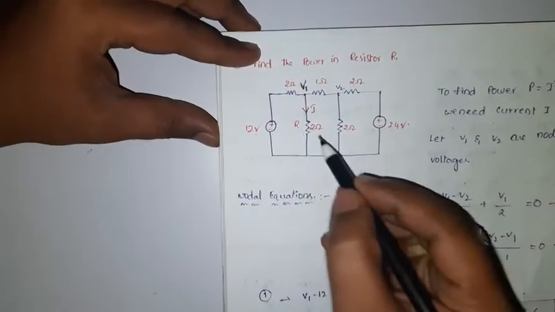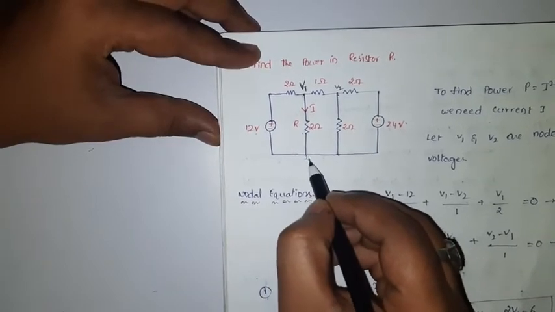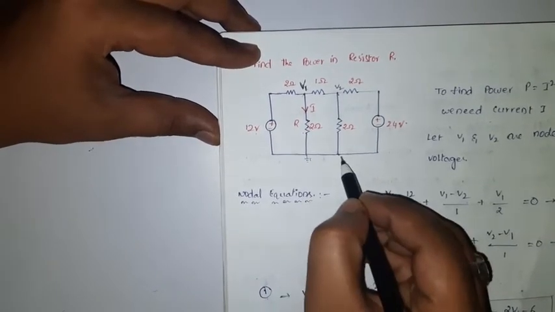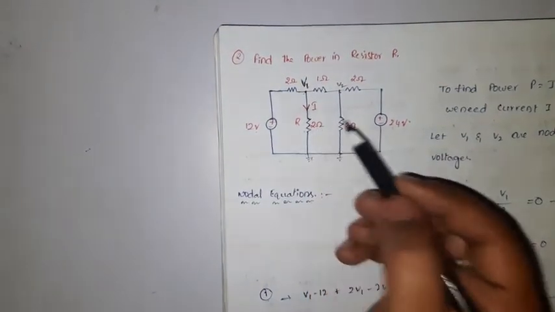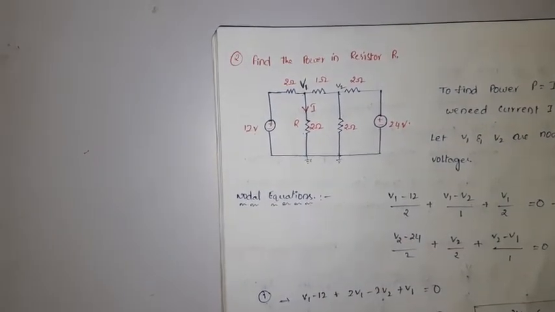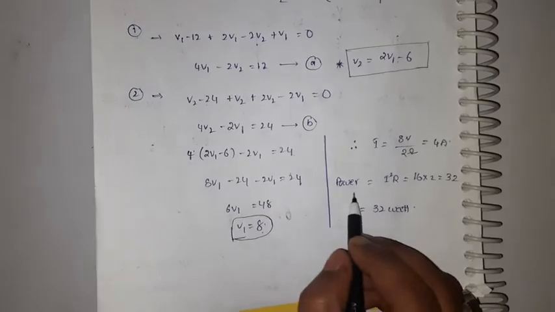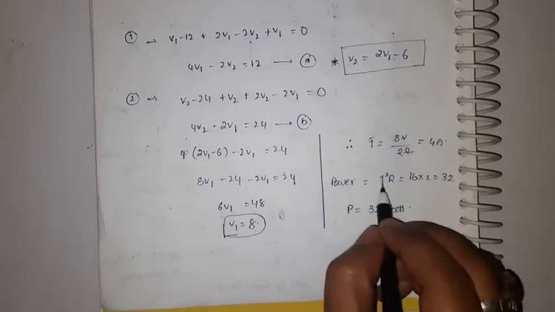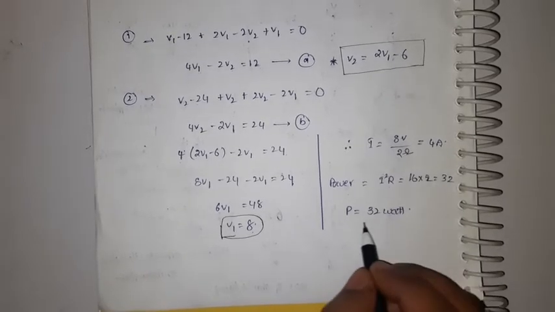V1 by R is the current through this branch. This is connected to ground. V1 by R, 8 by 2, is equal to 4 ampere. So power is I square R. I square is 4 into 4, 16, into 2, that is 32 watt.